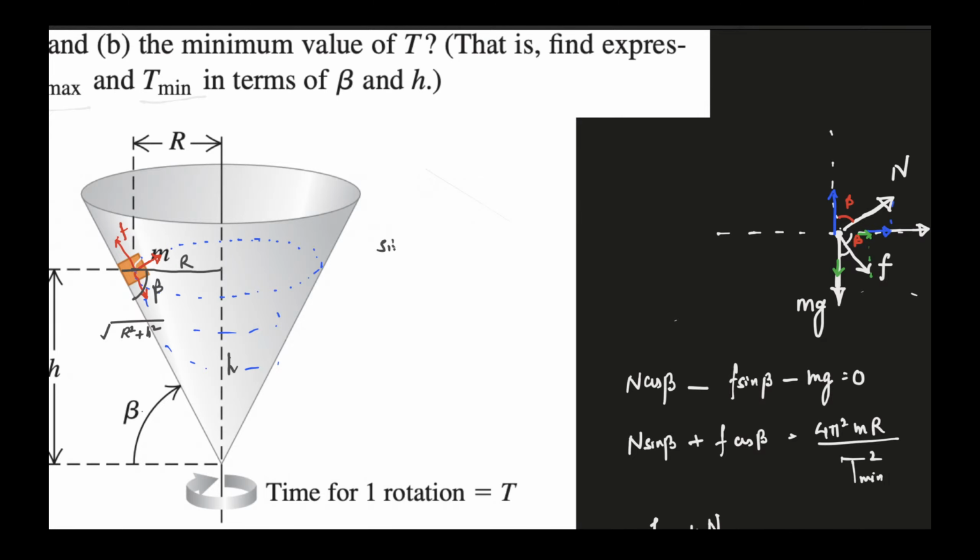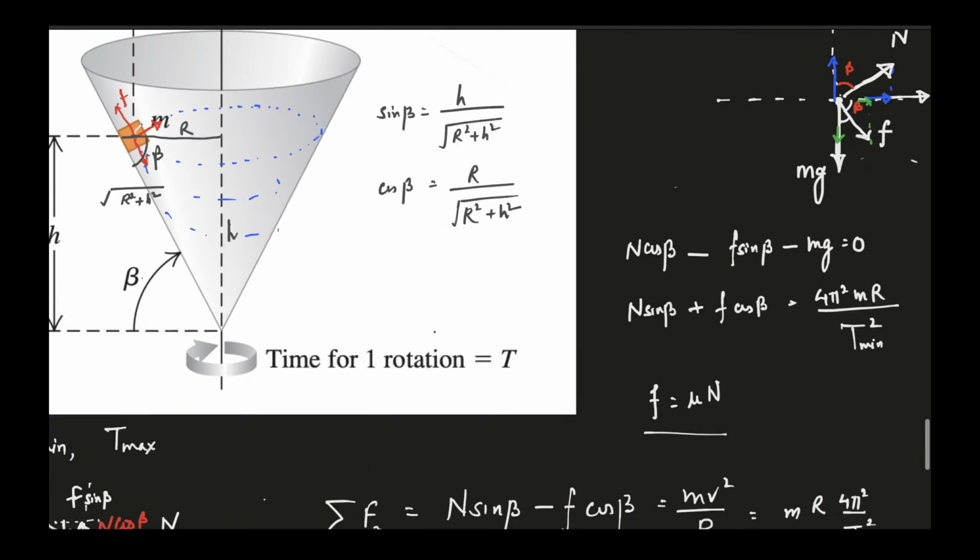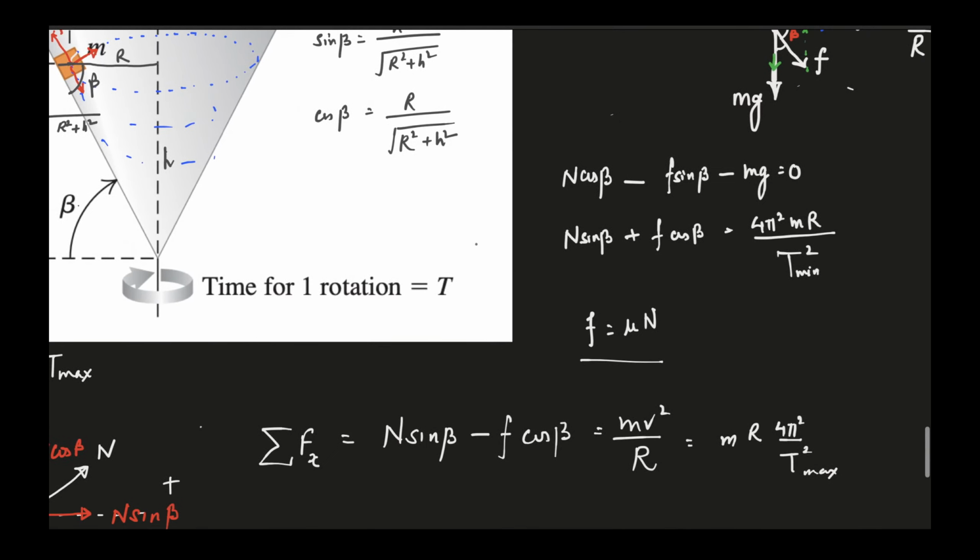You get sine beta as side opposite, which is h upon root of r square plus h square, and you get cos beta as r upon root of r square plus h square. So you get sine beta and cos beta spelled out, and they are known. R is known, H is known. So you put here sine beta and cos beta.